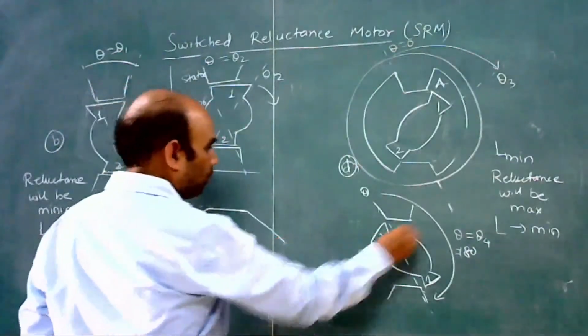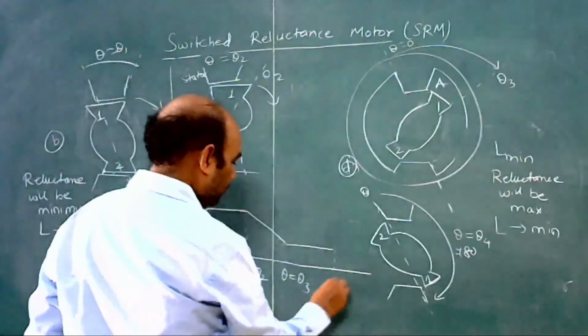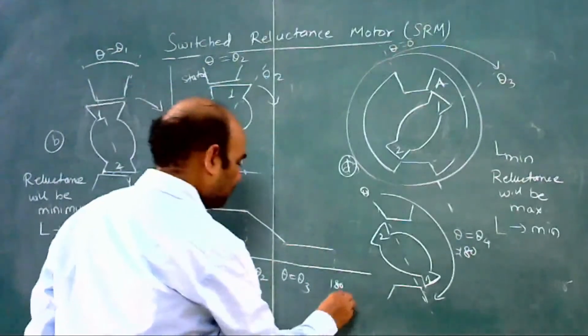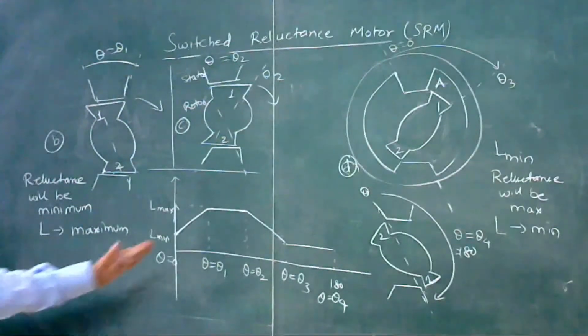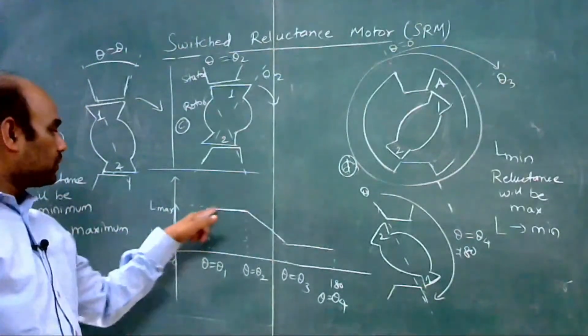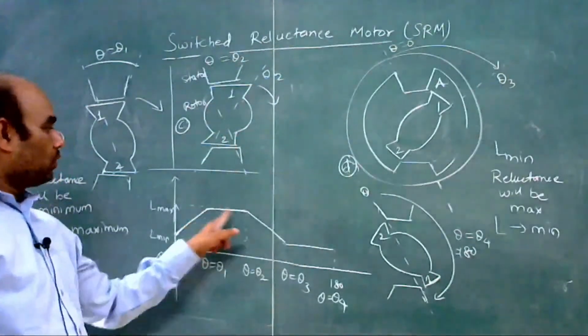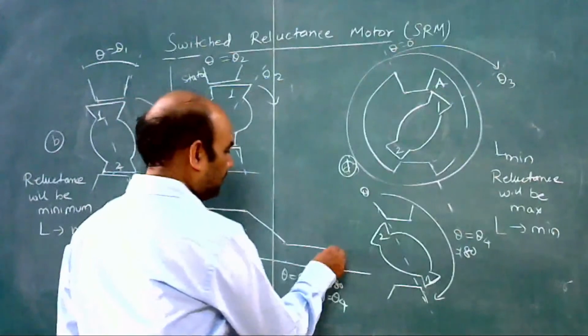So this will remain constant like this. So in this way, the inductance of the phase windings will change like this. And after that, it will again repeat the same cycle.